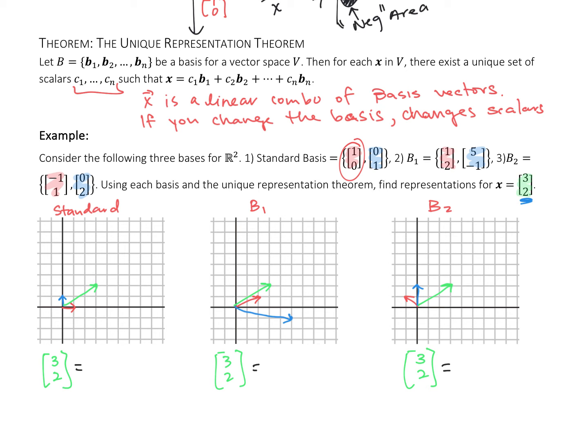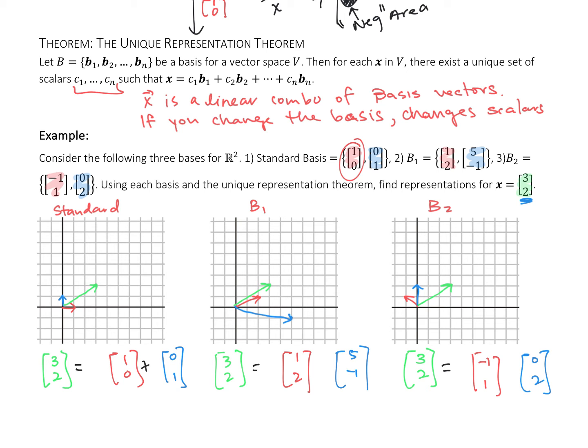Here we have the 1, 0 vector, the 1, 2 vector, negative 1, 1, 0, 1, 5, negative 1, 0, 2. What is the linear combination of those two vectors that's going to get me the vector 3, 2?